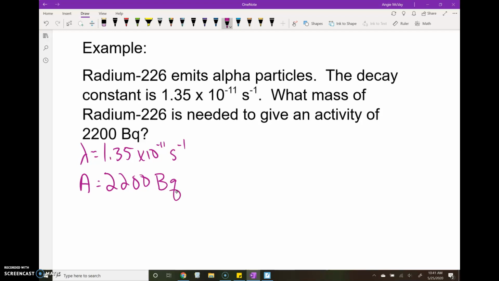Okay, remember becquerel are decays per second. All right, so let's see here. We're looking for mass, but we don't really have any of our equations that we've discussed recently that have mass in them.